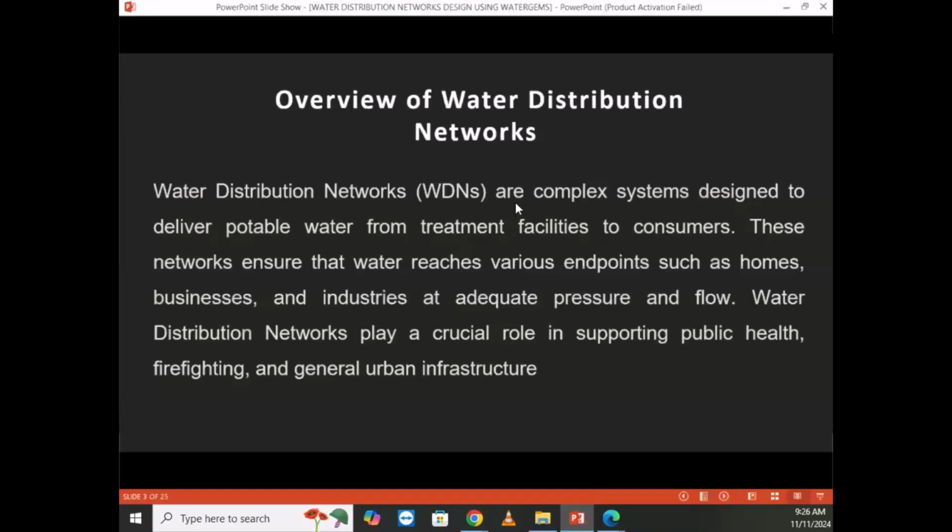Tomorrow it will be time to run the software, to see how to add nodes and do everything. So I'm encouraging you all to help each other understand the overview of the water distribution network together, so that we all have a common understanding of what we are going to see this week.